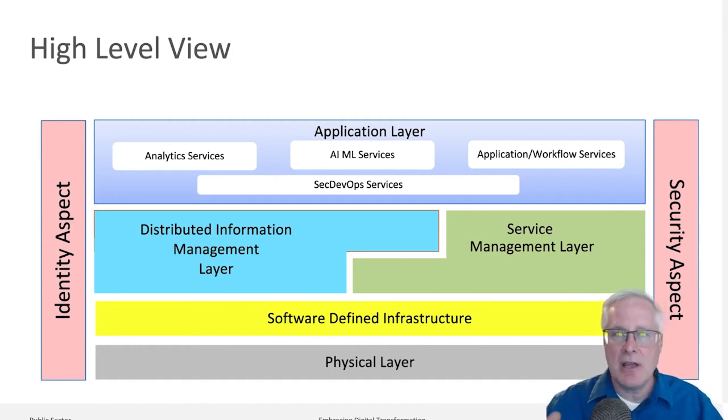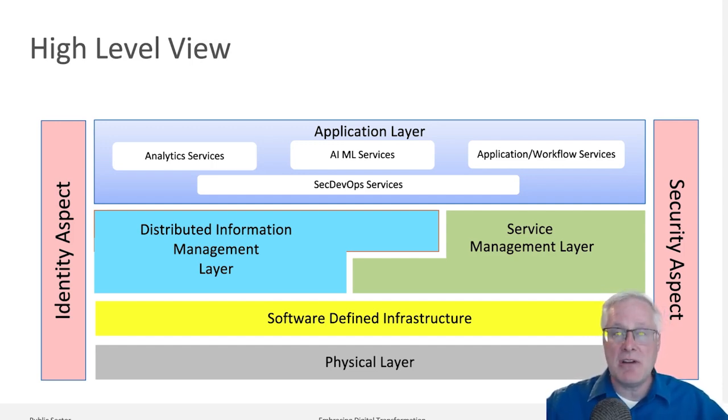If you take a look, let's start at the bottom of the normal stack. Normally, we have a physical layer, which could mean a cloud, or it could mean your data center or your IoT devices or legacy infrastructure that you have. On top of that, I normally have a software-defined infrastructure that abstracts away the complexity of managing the individual pieces of hardware.